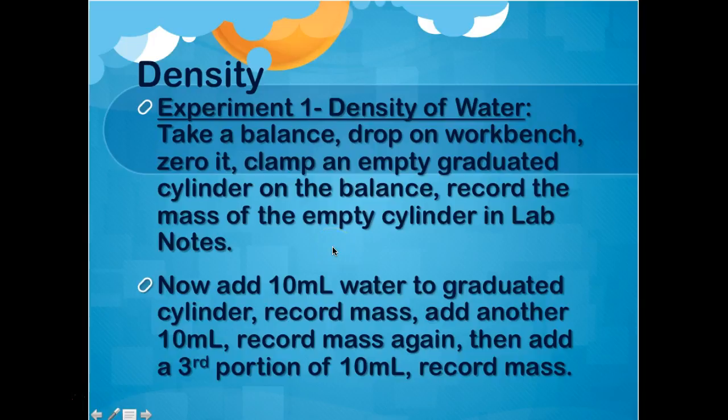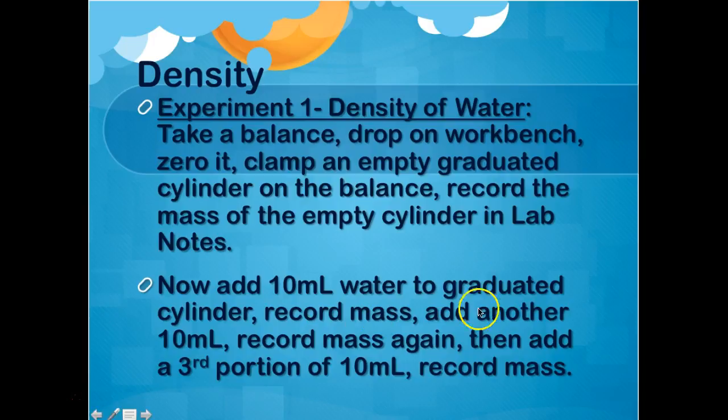Now, you'll add 10 mils of water to that empty graduated cylinder. So the mass is going to go up because roughly 10 mils of water is going to weigh 10 grams. So the mass should go up by another 10 grams. So if it was originally 54, it would go up to 64.